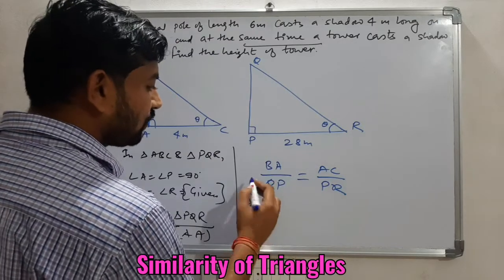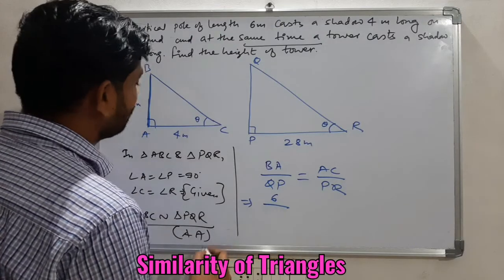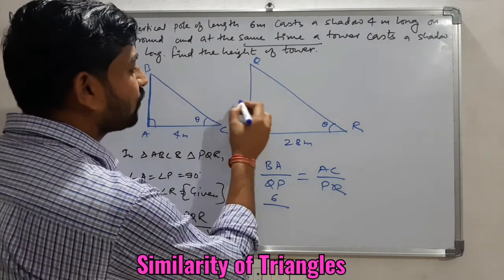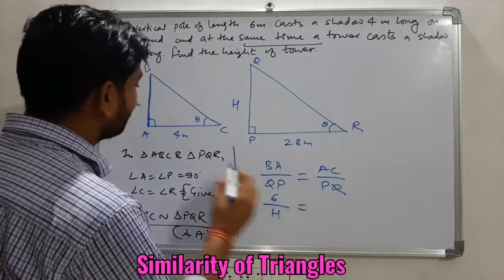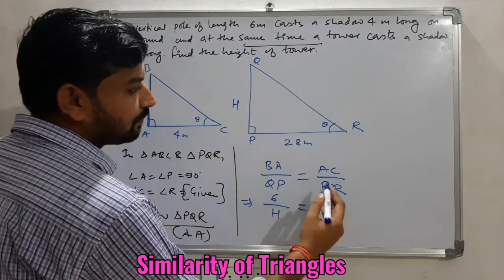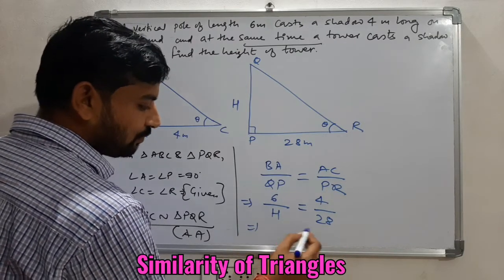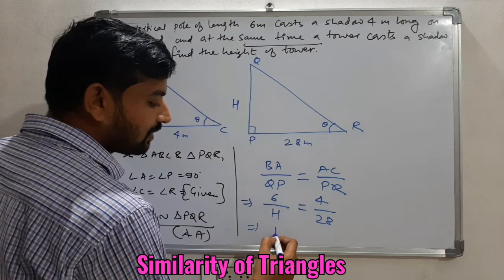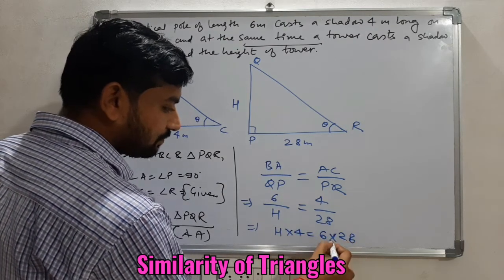Now we have to substitute what is known to us. BA is 6, QP we want to calculate, let us call it H, AC is 4 meters and PR is 28. So from here we can find the value. If we cross multiply, we can write H into 4 is equal to 6 into 28.